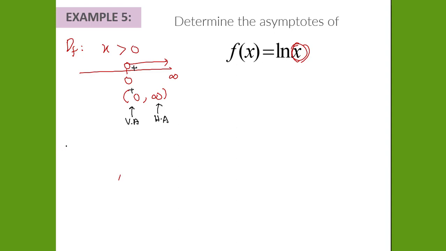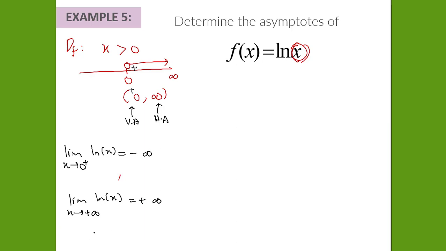So the limit of ln x as x approaches 0 from the right: substitute, ln 0 plus is equal to negative infinity. Then as x tends to positive infinity, ln infinity is equal to positive infinity.